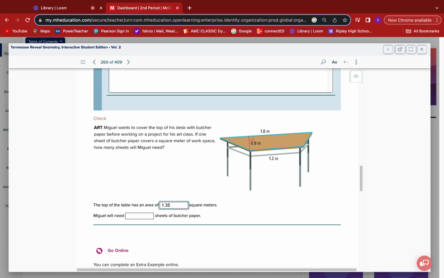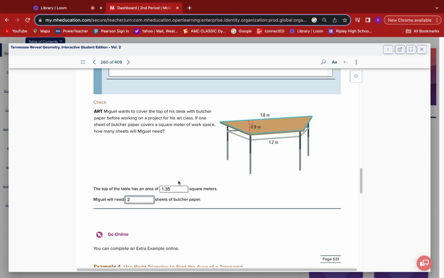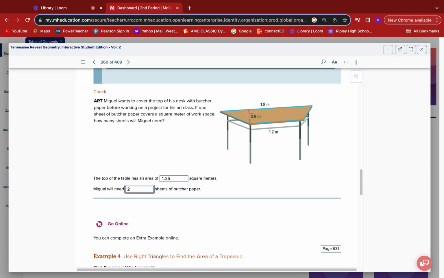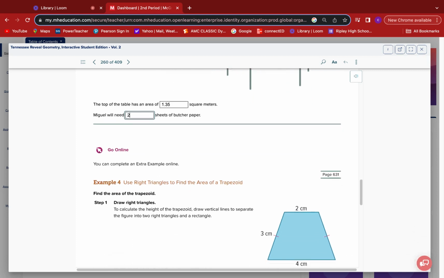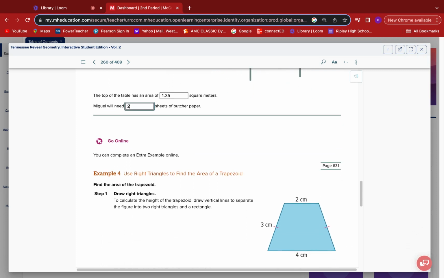So I can't use just 1 sheet of butcher paper because then I have some of the table that's not covered, the 0.35. So I need to have 2 pieces of butcher paper, and I'll just have some left over. And that's fine. I just have to have an extra piece to cover the 0.35. So the answer is he's going to need 2 sheets, and then you'll have some left over. We are done with that check on page 631.